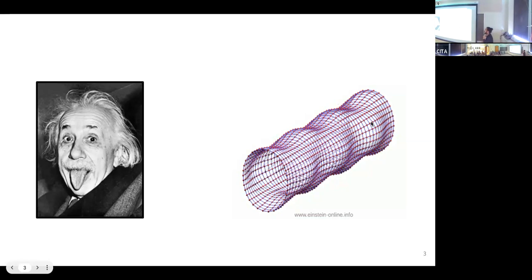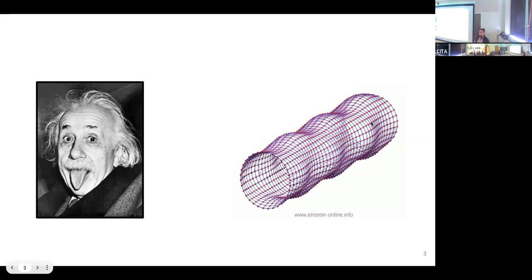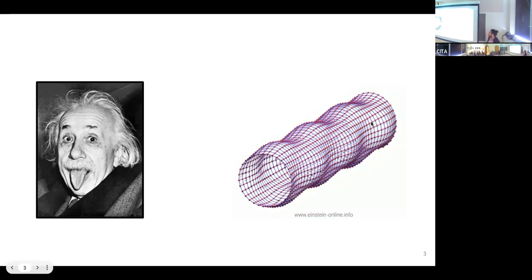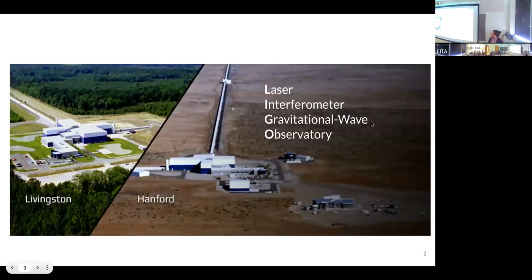They create fractional changes in distance of order 10^-20, 10^-22, something like that. So you need some very advanced detectors to be able to detect these gravitational waves, these small ripples in space-time. And so we had two of these detectors online in the early 2000s and onwards.